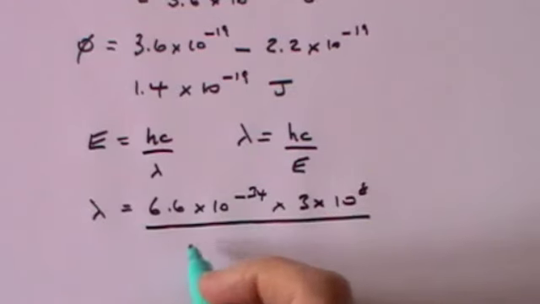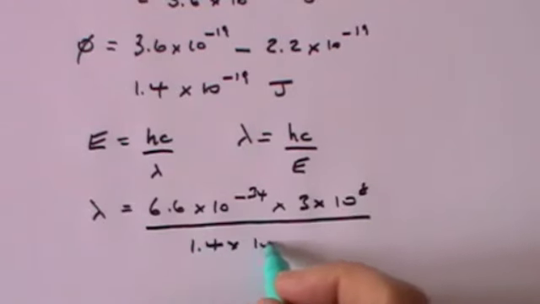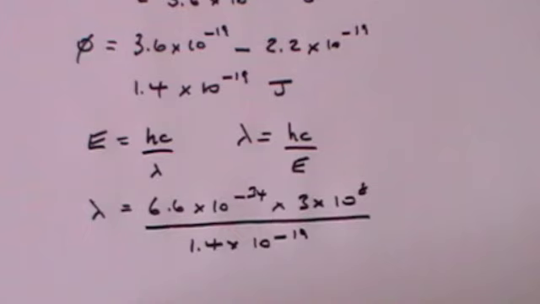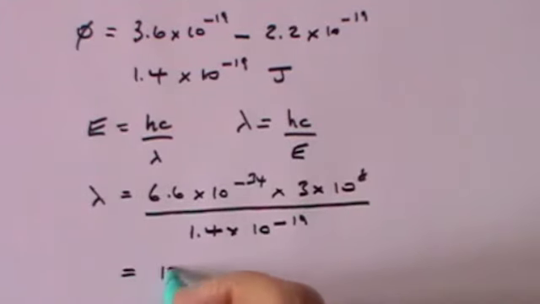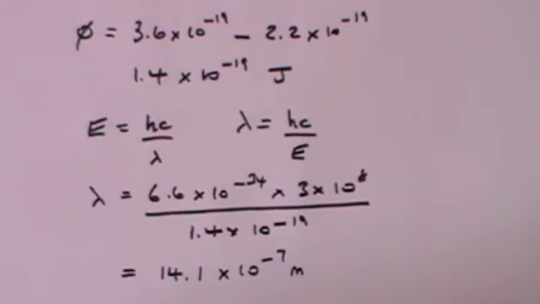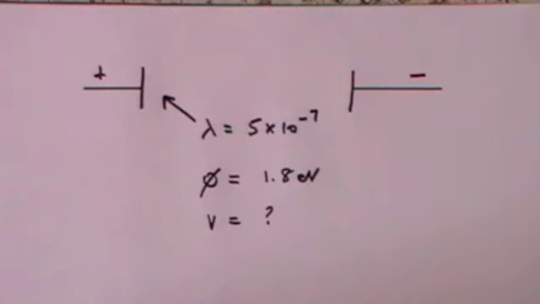That was 1.4 times 10 to the minus 19, and that will give a wavelength of 14.1 times 10 to the minus 7 meters.